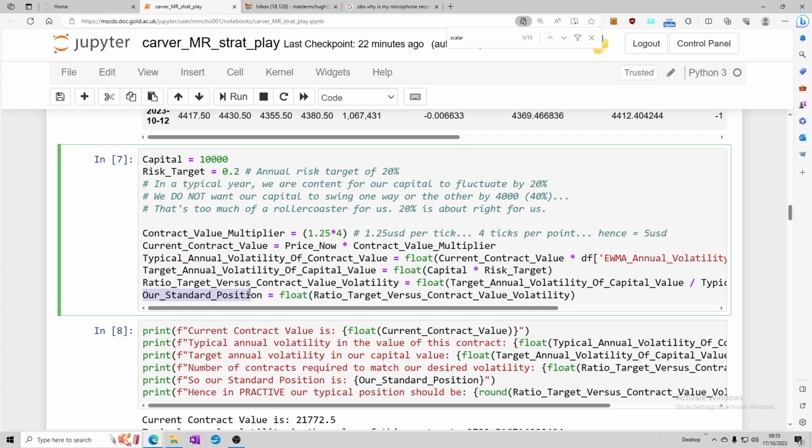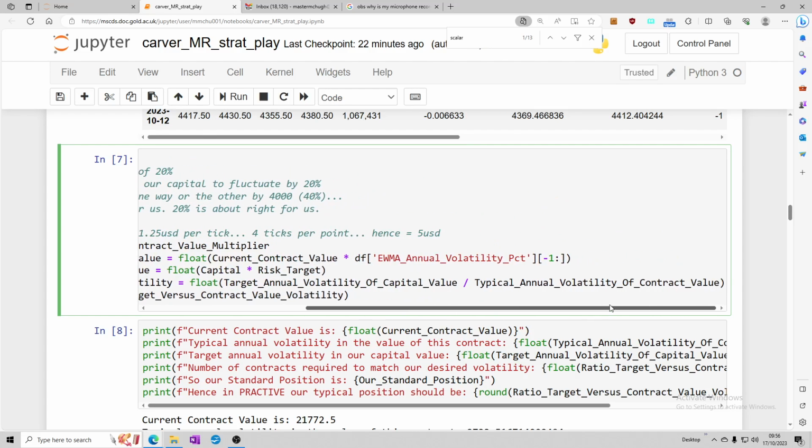And our standard position is this value again. Why did I even bother with this line of code here? I'm just, for my own benefit, restating what this ratio is actually hinting at. It's hinting at what our standard position should be.